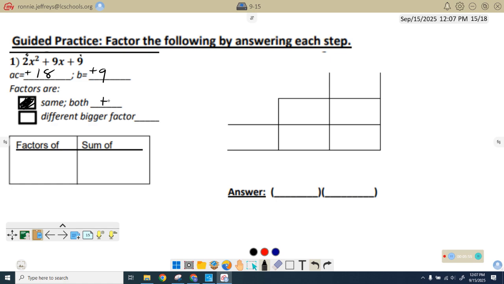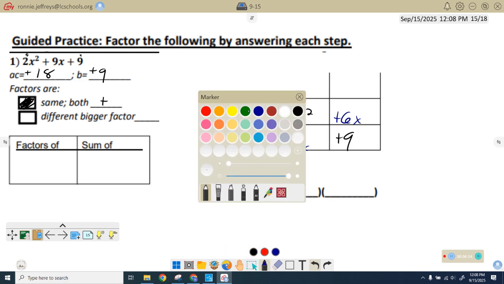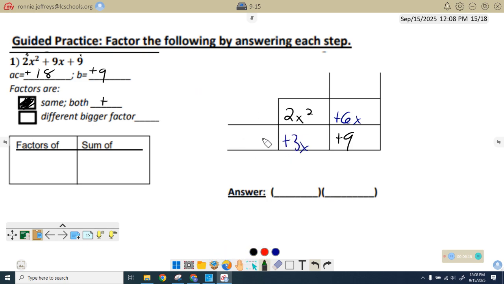They're both positive. And then we had plus 6x here, plus 3x here. We've already done this, but I'm pretending, because this is what it's going to look like on the test.